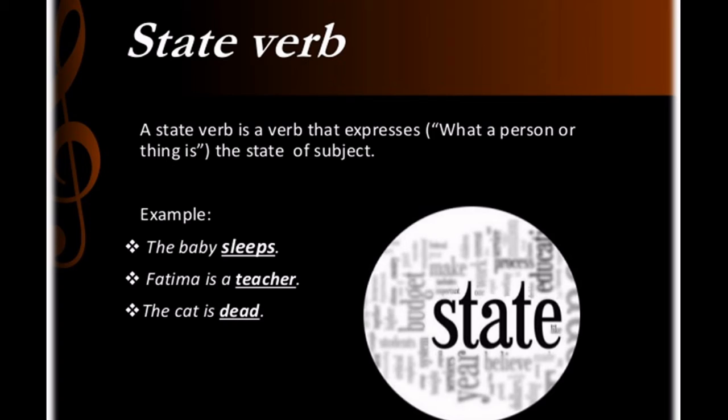And what kind of verb is that? State verb. Fatima is a teacher. It's a state of Fatima that she is a teacher. The cat is dead. So these are state verbs because here any physical activity is not happening.